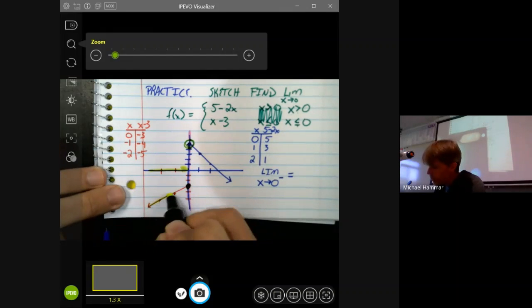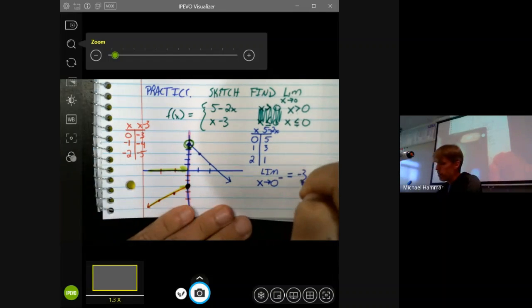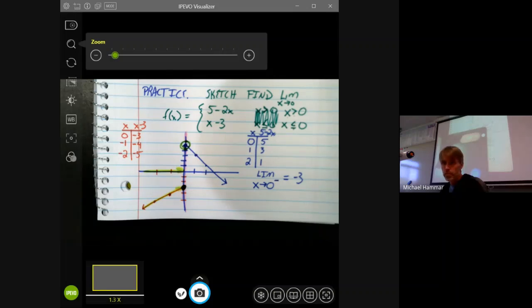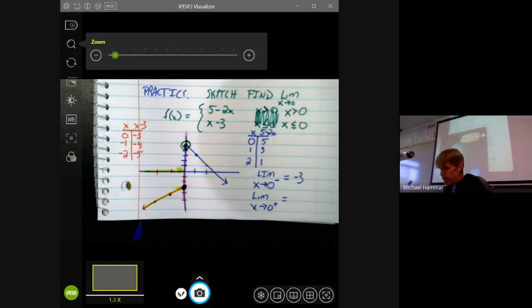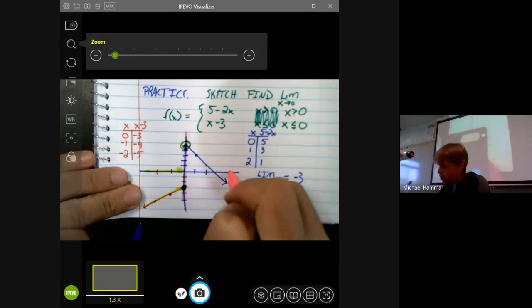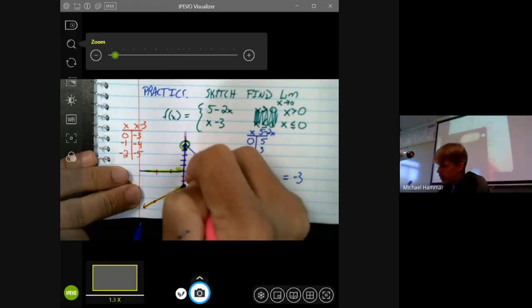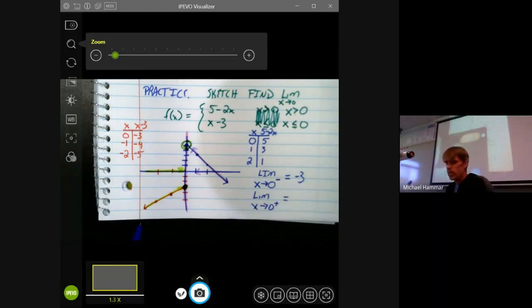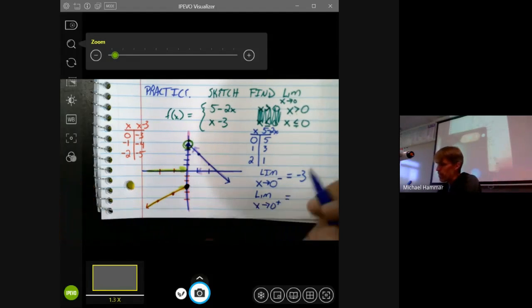So I'm using this graph, and notice that the value is -3. Now, you also need to take the limit as x approaches 0 from the positive side. Because it's the positive side, I'm approaching it from here. So I have to follow the line up, and see what y value it's heading towards. This one is heading towards a value of 5.